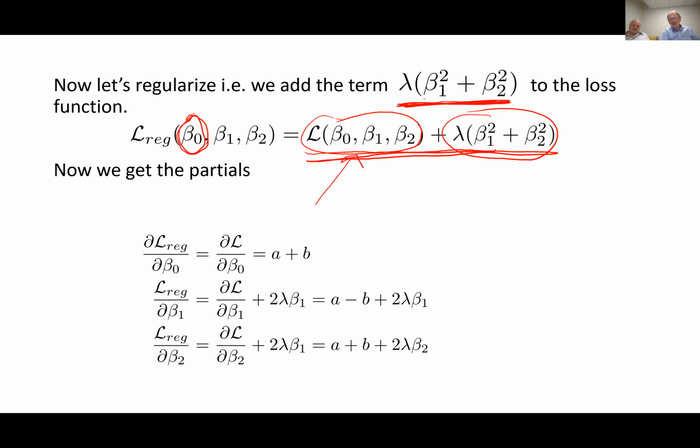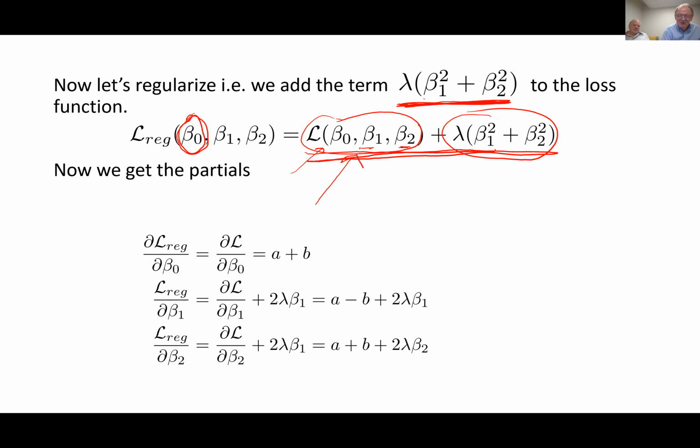Beta 0 doesn't really have anything to do with the data, in the sense that it just gets multiplied by a 1 all the time, while these other things get multiplied by the coordinates of the data points. So you can do it; it doesn't make things go wrong if you do.